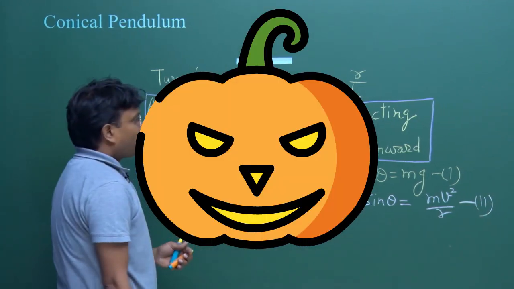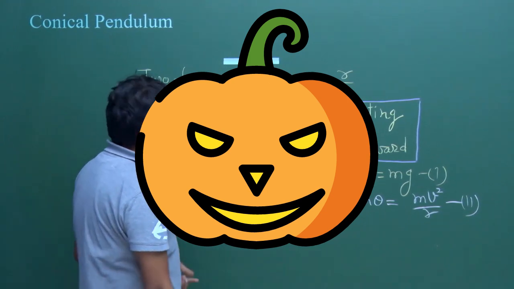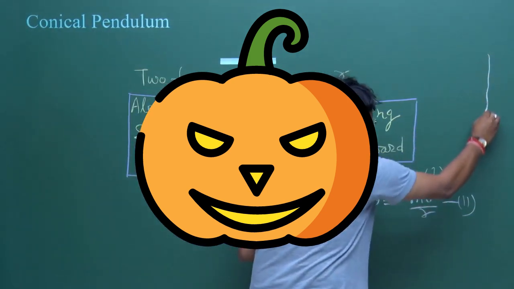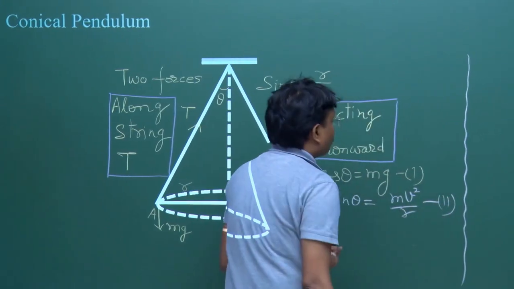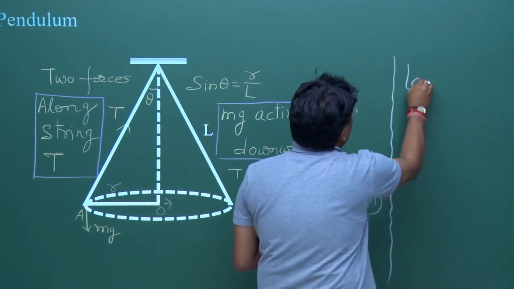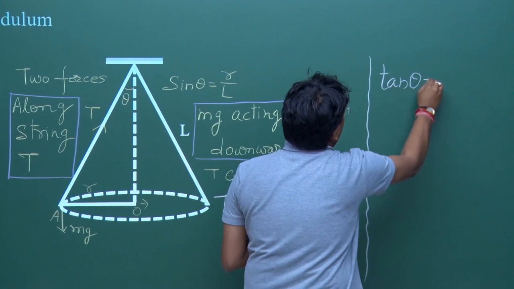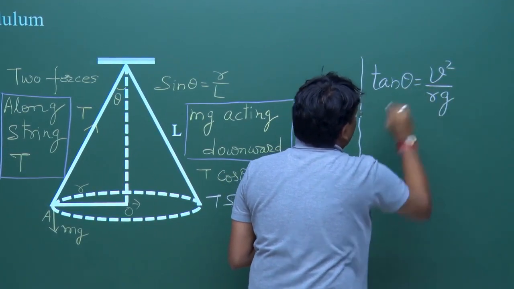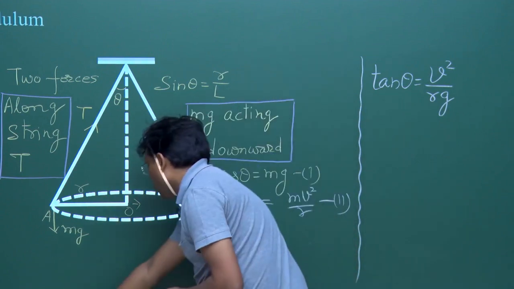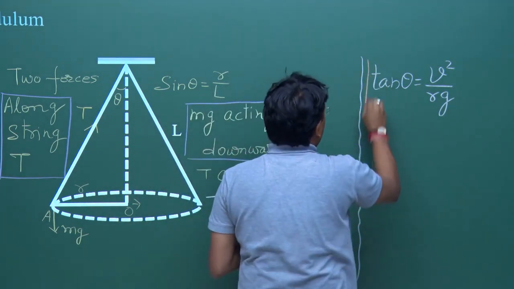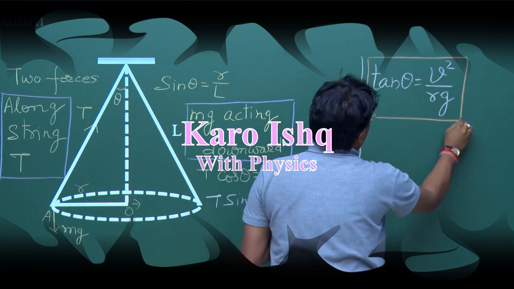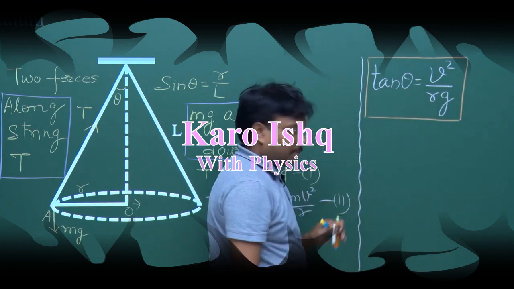Now from these two equations I can write a simple relation: tan theta is equal to v square over rg. So if it is required to find either the angle or the velocity, we can use this relation.